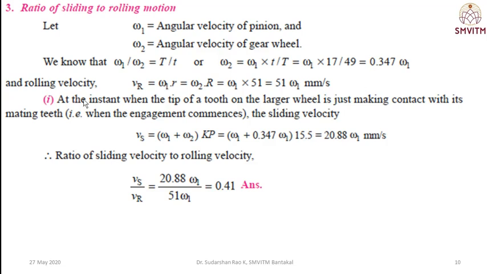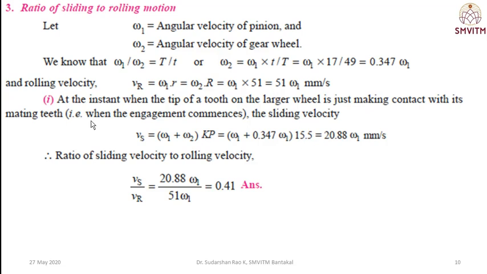The rolling velocity Vr is equal to omega 1 into r, or omega 2 into R, which is omega 1 into 51. So 51 omega 1 is the rolling velocity. Therefore omega 1 plus omega 2 equals omega 1 plus 0.347 omega 1, and we will calculate this ratio.